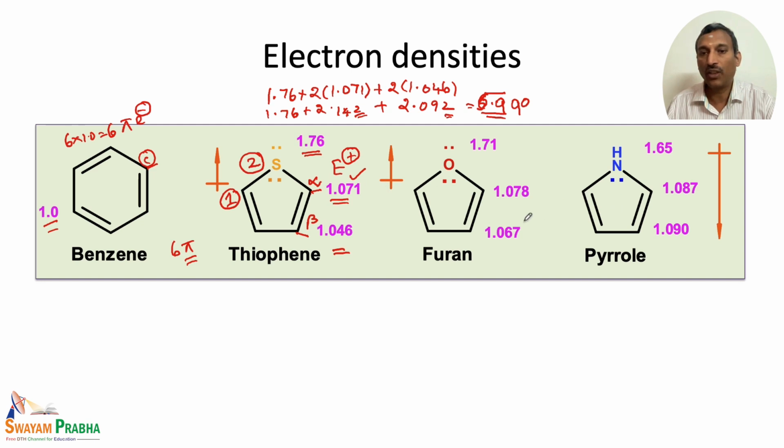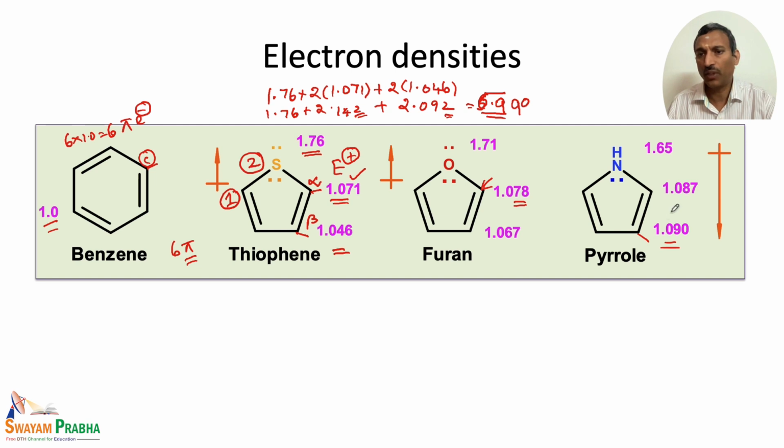Similarly, if we extend this to furan, here again this has 1.078, so that means this place is more prone to undergo electrophilic attack. But when we come to pyrrole, actually this carbon has more electron density. So that means the 3 substitution is more prone in the case of pyrrole compared to 2 substitution.